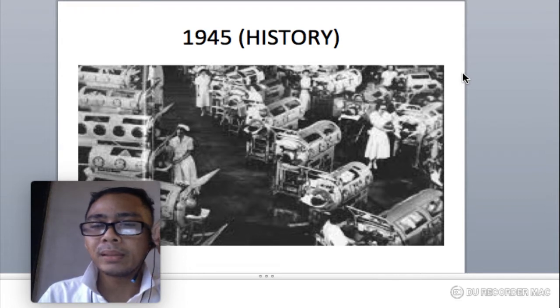So the ventilator was massively produced. Imagine how big and how space consuming the iron lung was during that year.